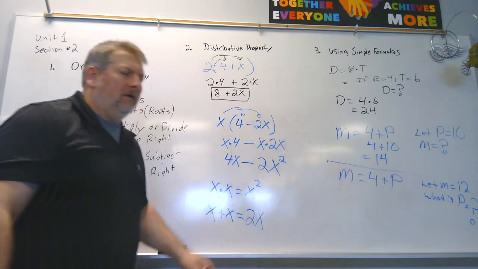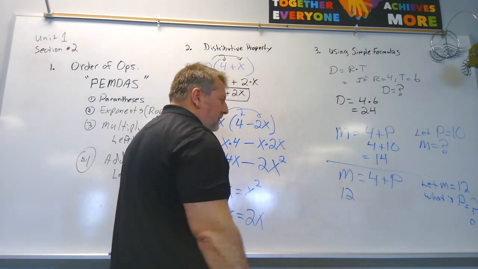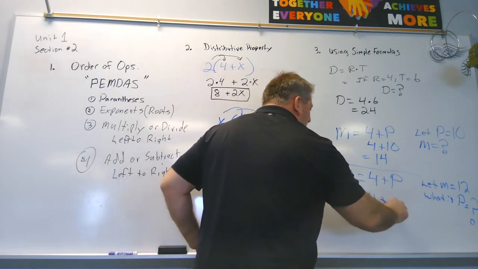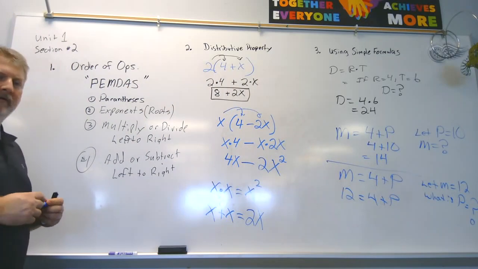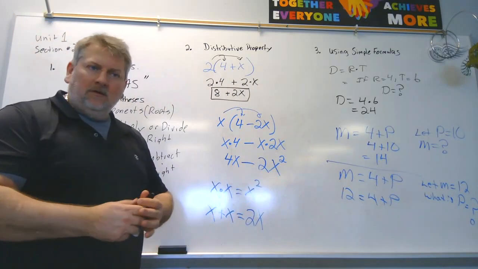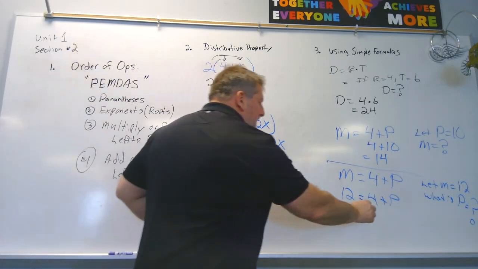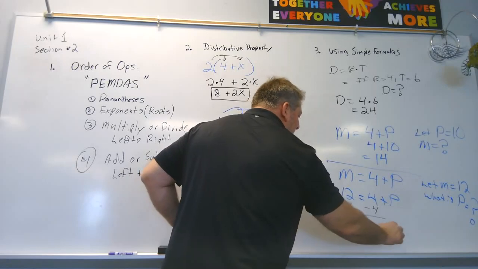So, big old question mark. So let's substitute 12 in for M. And a lot of you have really good experience solving equations like this type right here. This is an easy one. We would just take away 4, and we get 8 is equal to P.